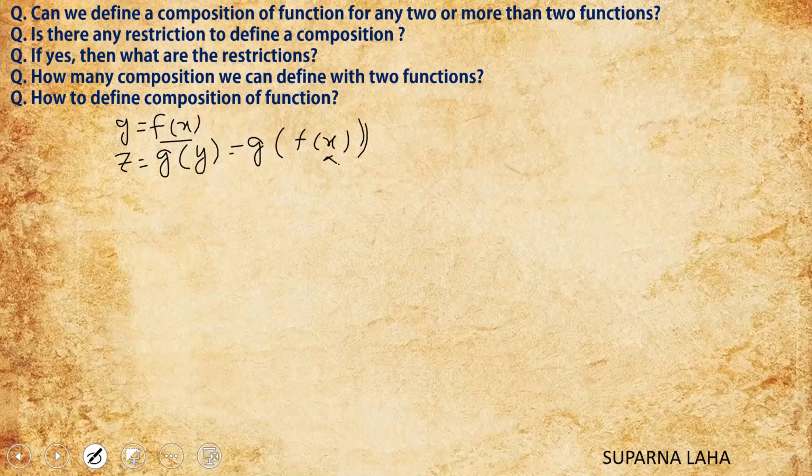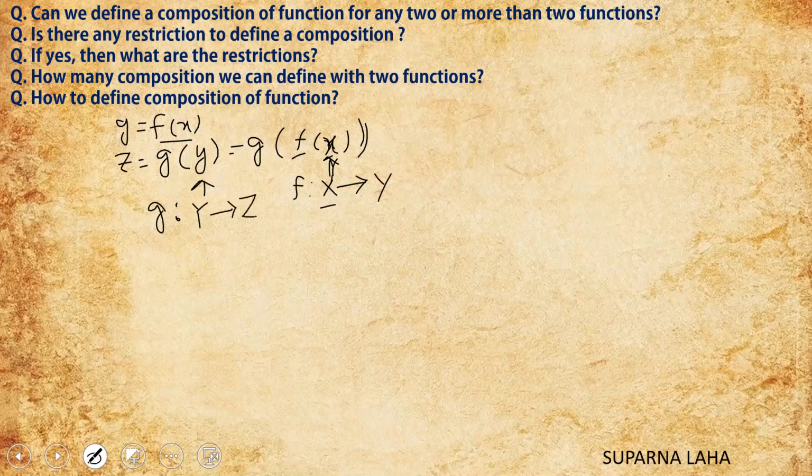Now what is this x? This x is the domain of the function f. That is, if I define the function f from X to Y, so this small x belongs to the set capital X. And what is y? Y is the domain of the function g, that is, from where g is defined.